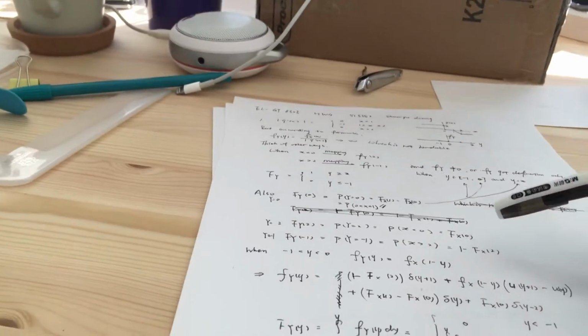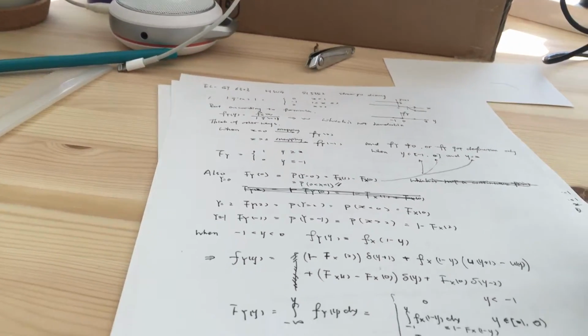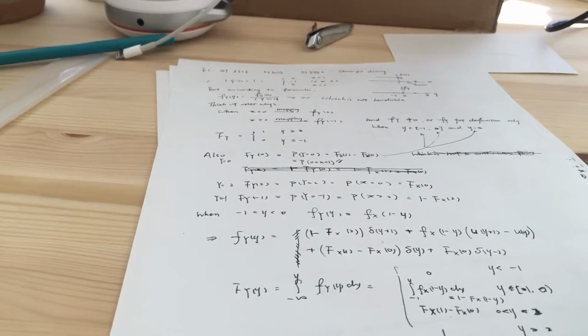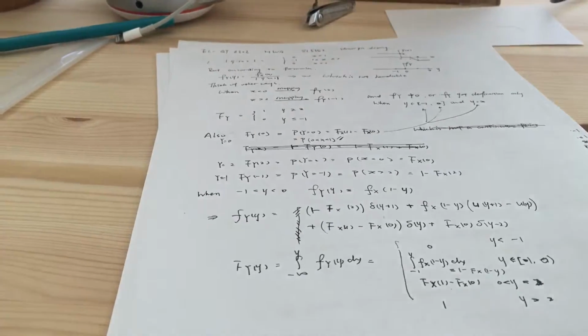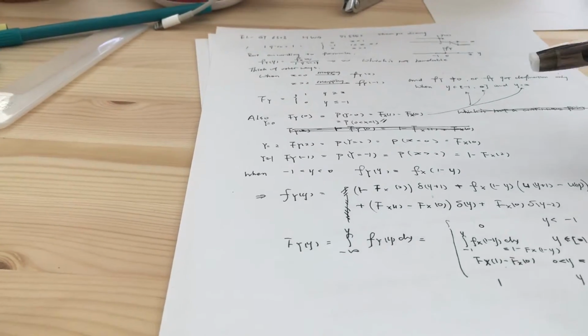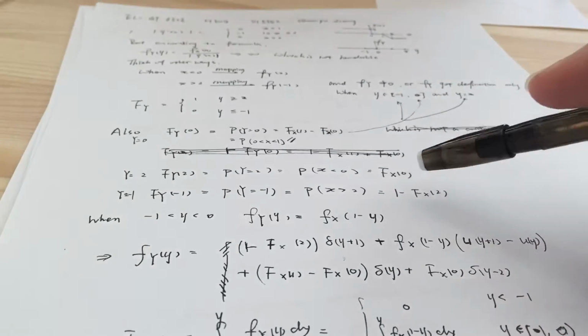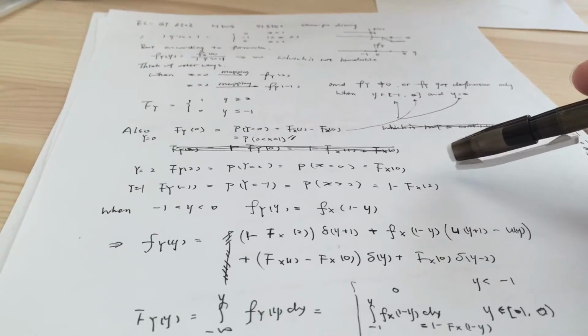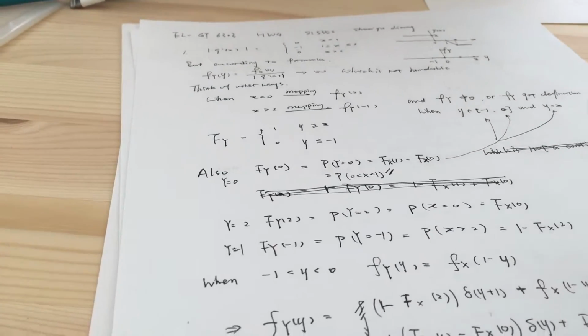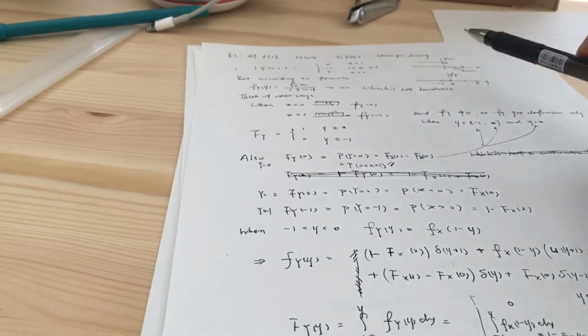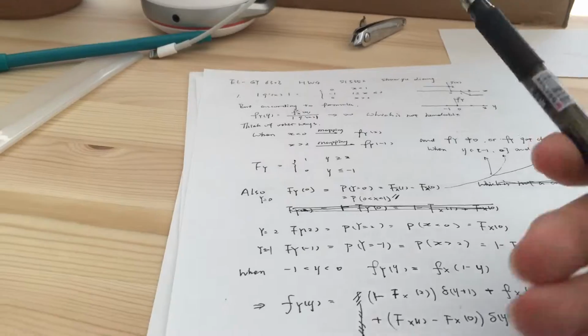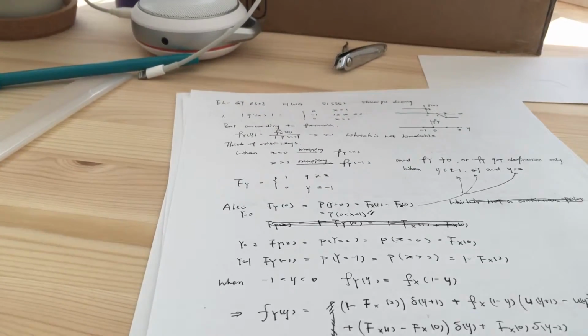So x is bigger than 2, which yields a probability that should be calculated as 1 minus capital F_X(2). Here we find a continuous interval, where y is continuous with x.